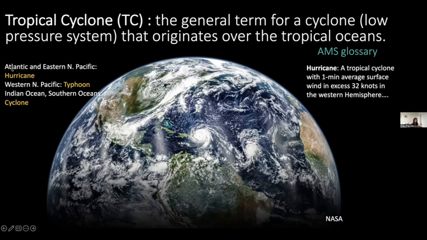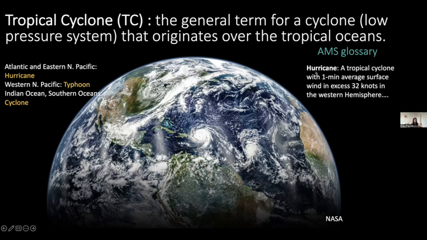In the Atlantic and Eastern North Pacific, we often refer to it as a hurricane. In the Western Pacific, it's called typhoon. And in the Indian Ocean and the Southern Ocean, it's called cyclone.